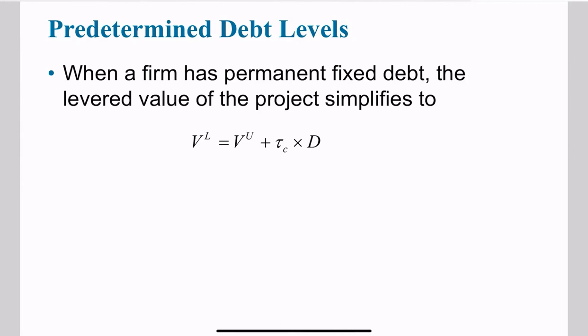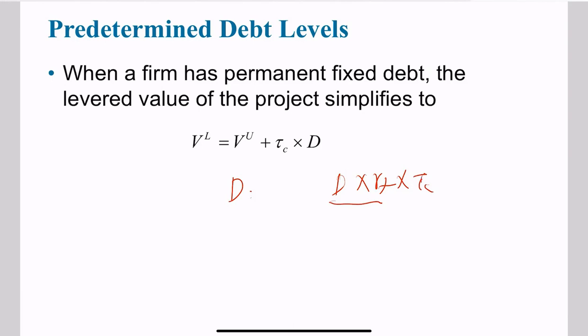is riskless. Then if the firm has debt of D at each period, its interest payment will be given by D times the risk-free rate. Then its interest tax shield will be given by the interest payment times the corporate tax rate, right?